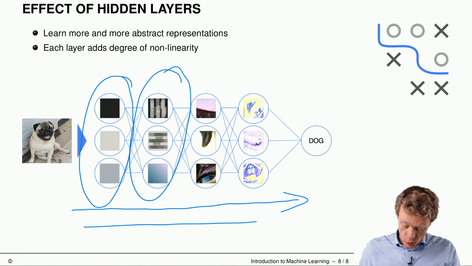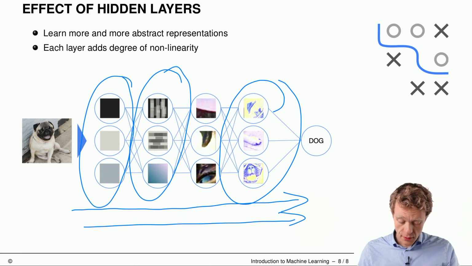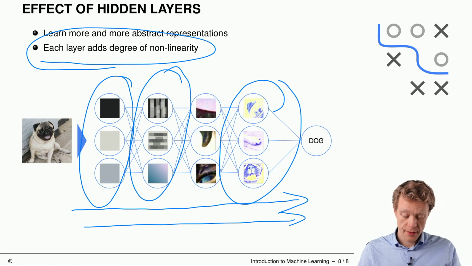The deeper we go into the network, the more complex and complicated are the things that we learn, so that the network at the very end is able to have a representation of quite complex things of the world. We could also say that each layer adds some degree of nonlinearity, and in the end, these neural networks perform really well for a lot of different tasks.